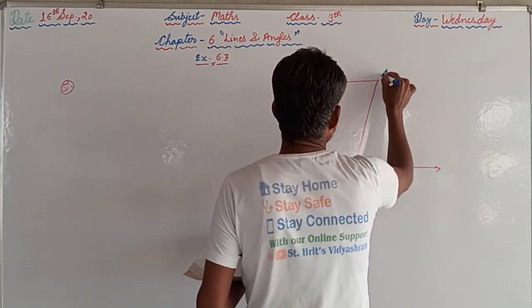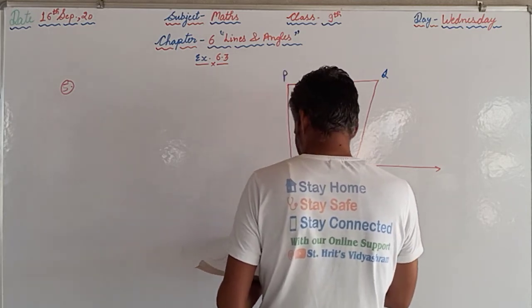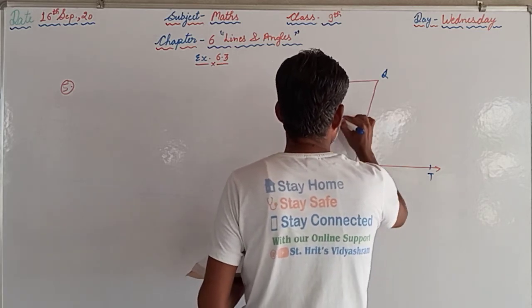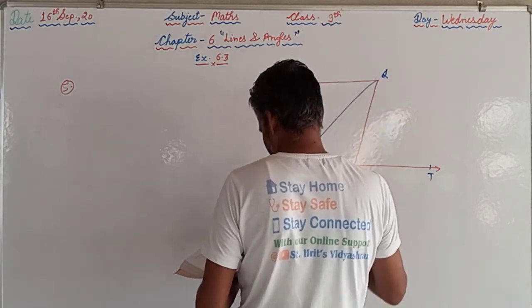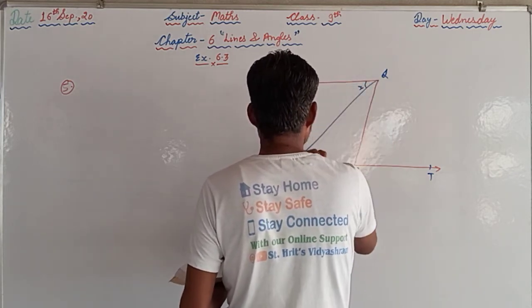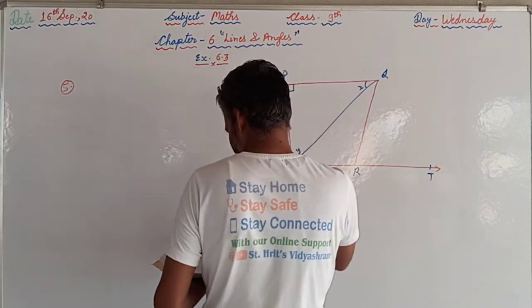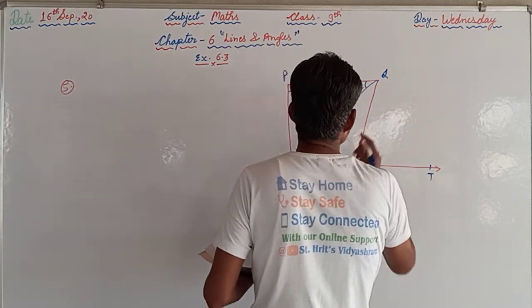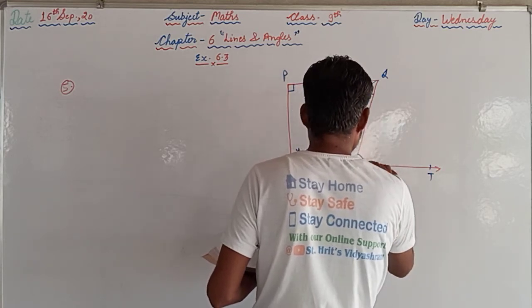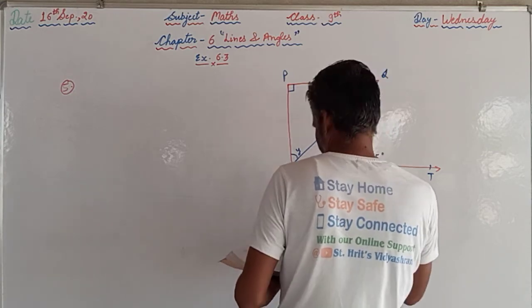P, Q, R, S, and here T, and this is like that, and now this is X, this is Y, and this is perpendicular, and this is given 28 degrees, and this is given 65 degrees.